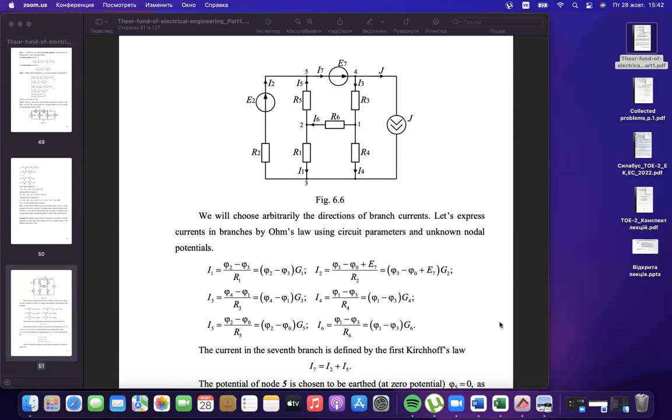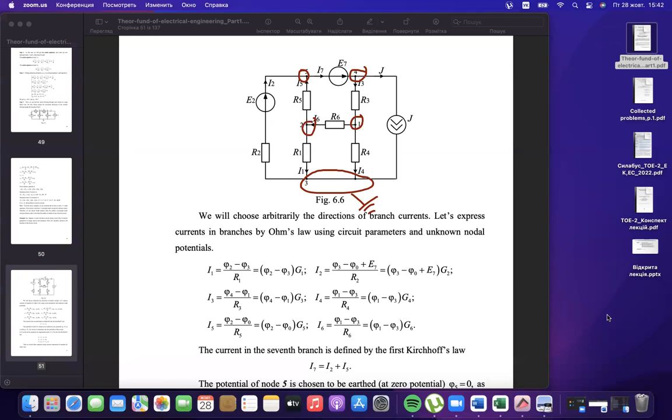For nodal voltage, we will have 1, 2, 3, 4, 5. We have 4 equations, 4 of them.